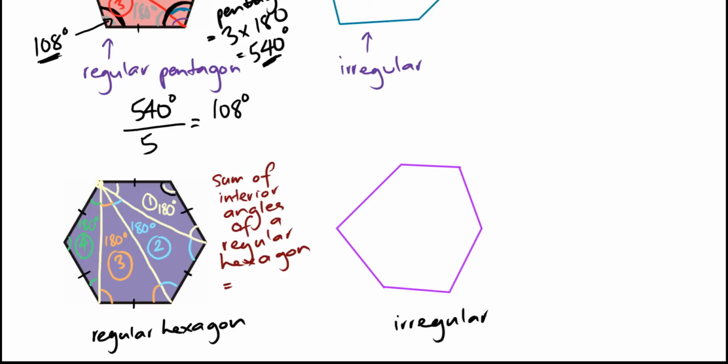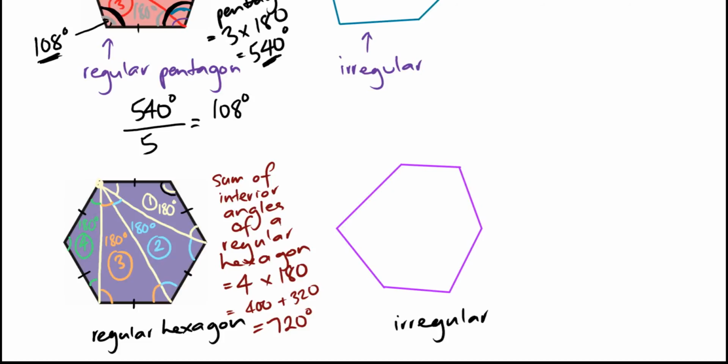So what you would have found with this regular hexagon is that you can split it up into 4 interior triangles. So the sum of the interior angles of a regular hexagon would be 4 times 180. So 4 times 180 is 400 plus 320, so that equals 720 degrees.